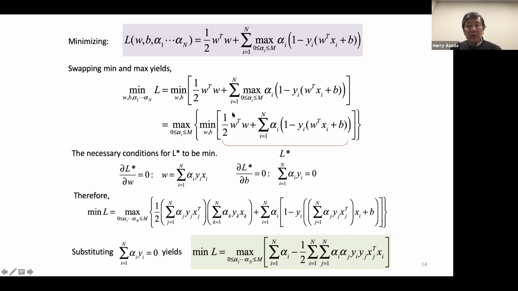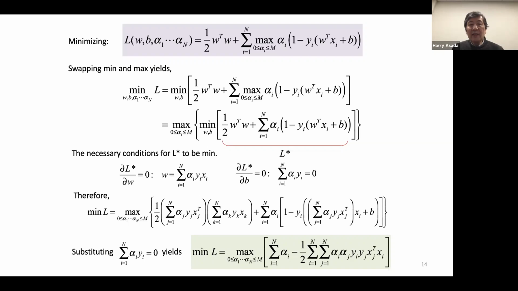When you take this minimization, we minimize this for an arbitrary value of alpha i. Within this inner part, the minimization of this, alpha is not determined. That's the outer maximization, if you swap the maximum and minimum in this way.